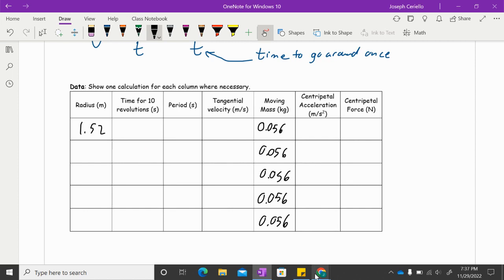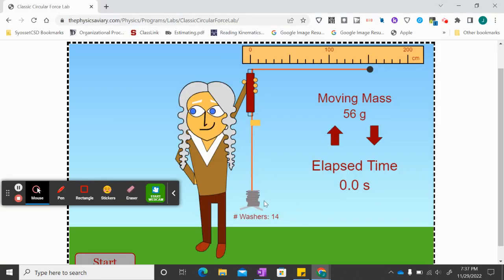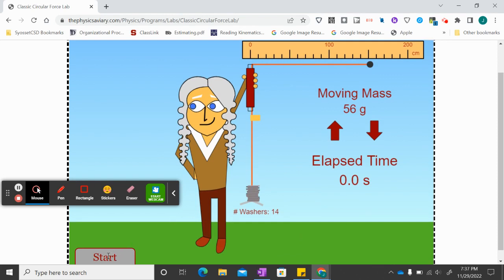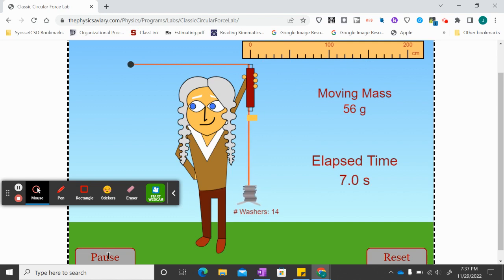So let's get the time for 10 revolutions. The simulation is pretty nice in that at least you don't need to use a stopwatch. So when you hit start, I would recommend saying to yourself 0, and that would help you to get counting. Okay, so for example, 0, 1, 2, 3, 4, 5, 6, 7, 8, 9, 10.